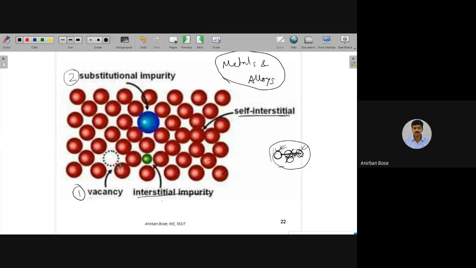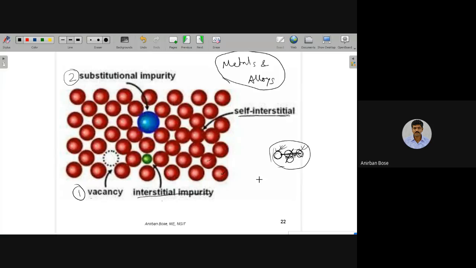Maybe you require more than 2-ton, 3-ton of diamond to get a single vacancy. So it is not that vacancy is not present, it is rare, but still very much possible in covalently bonded material.